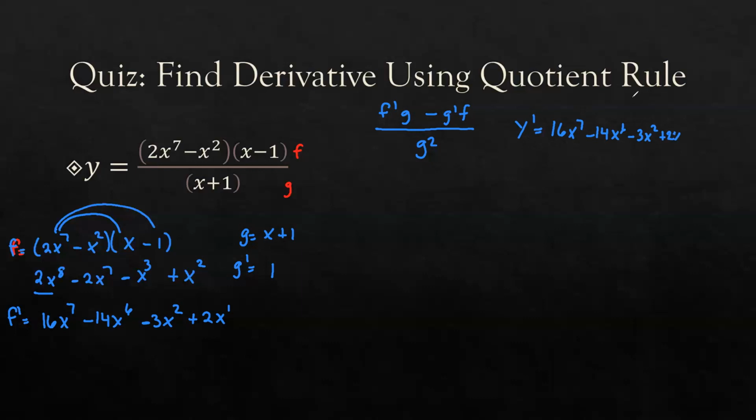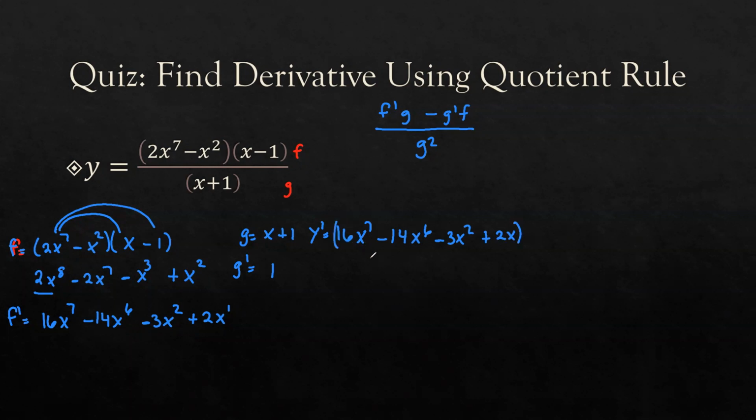I'm going to run out of space. Let me put it down here. So y prime equals f prime, which is 16x^7 minus 14x^6 minus 3x squared plus 2x.